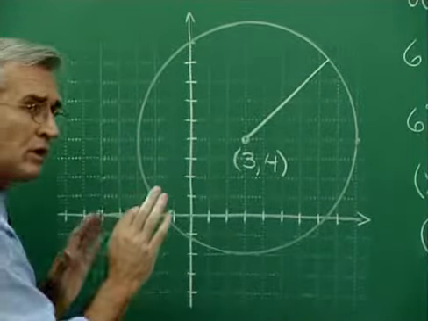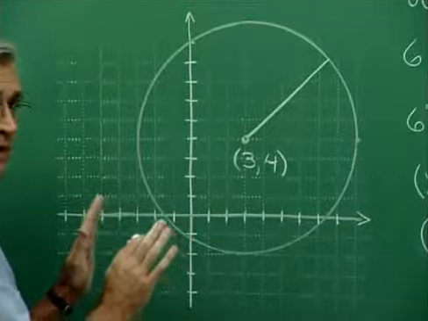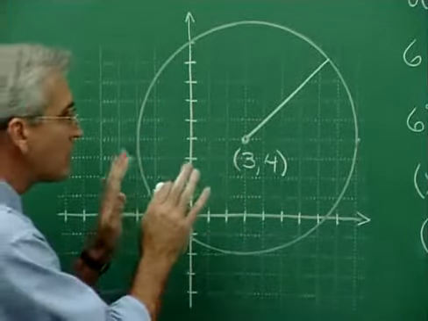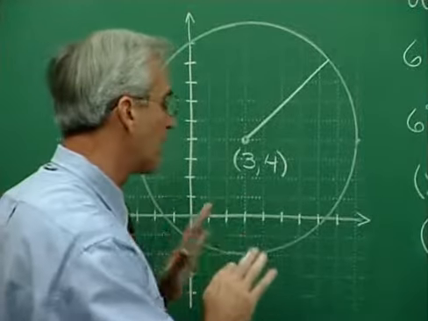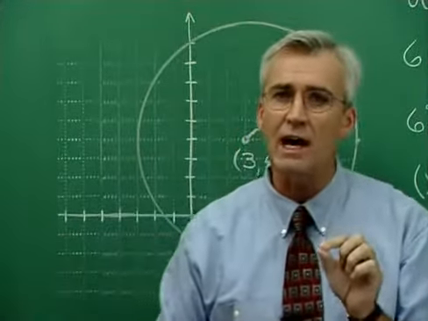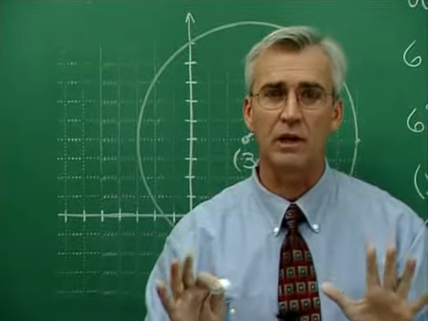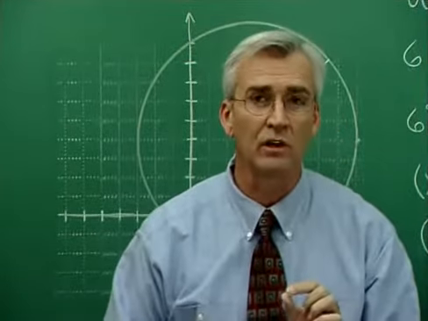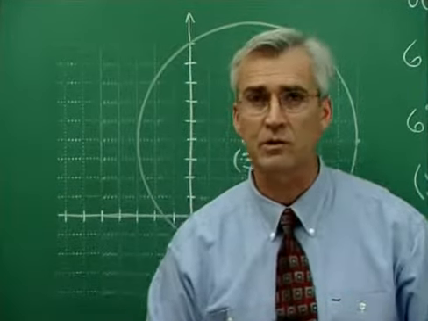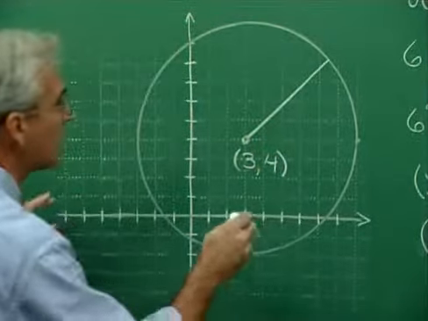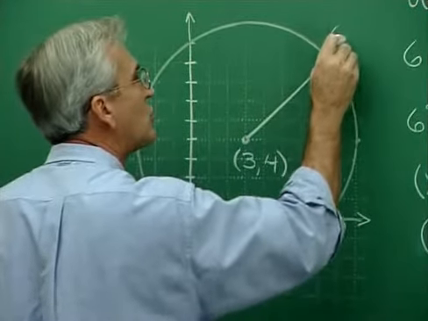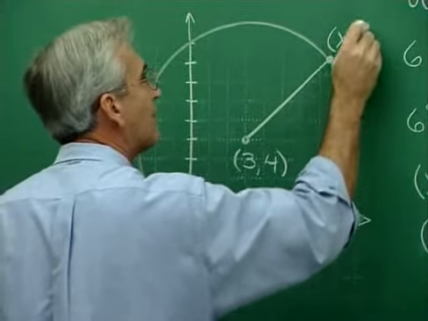Now, we're going to actually develop the equation related to this circle, and it's not too difficult to conceptualize how we're going to do that, because circles are defined as all the points in a plane that are the same distance from a center point. So we're going to use our distance formula for this purpose. Now consider that this point on the edge of the circle is a general (x, y) value.